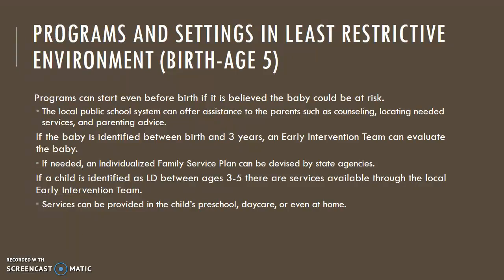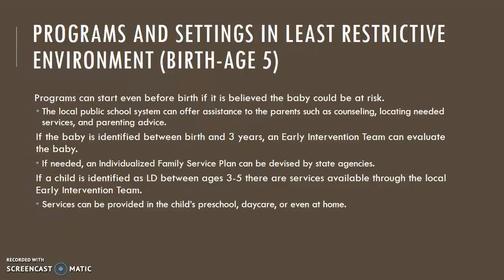There are programs and settings in the least restrictive environment from birth to age 5, and then that changes from age 5 to age 21. The programs can start even before birth if it is believed the baby could be at risk. The local public school system can offer assistance to the parents, such as counseling, locating needed services, and parenting advice.